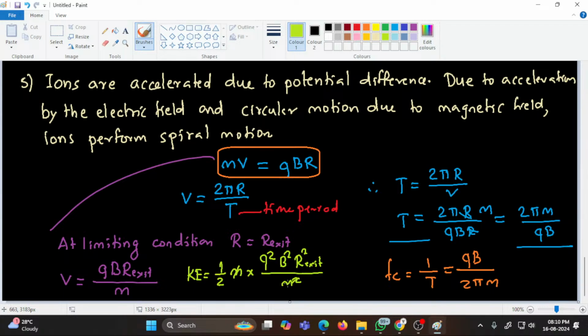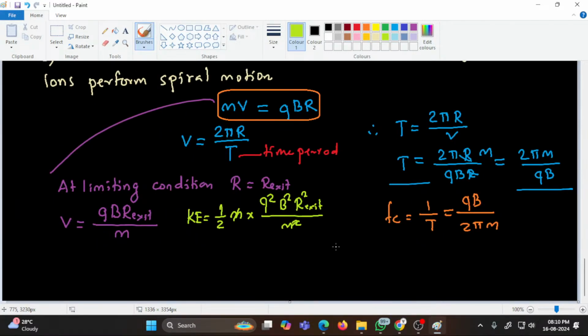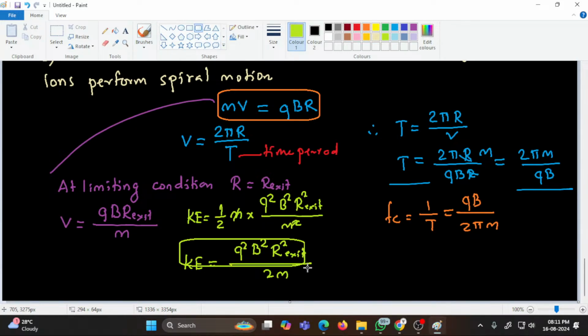One m cancels. So we have kinetic energy of the cyclotron particle is q square B square r exit square divided by 2m. With this kinetic energy, the particle moves out of the cyclotron.